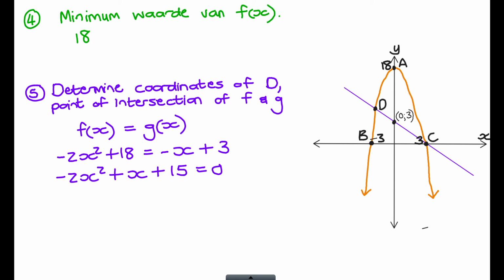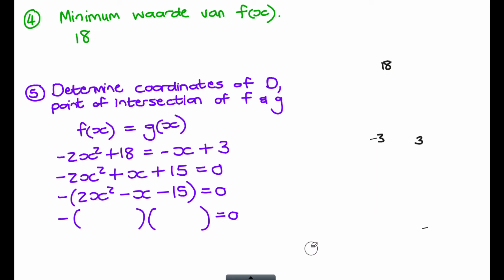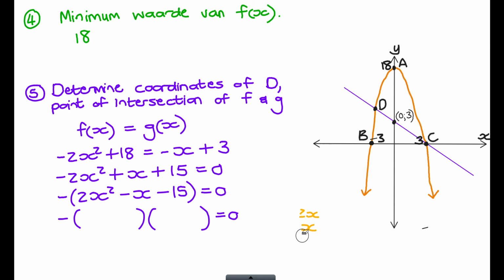So I can go and factorize that. Let's take out the negative, so 2x squared minus x minus 15. Ja, ons kan nou net vir die van julle wat nie lekker kan onthou nie, gou wys. Ons gaan kry faktore van term 1, so dit gaan wees 2x maal x. Sien, dis hoekom.